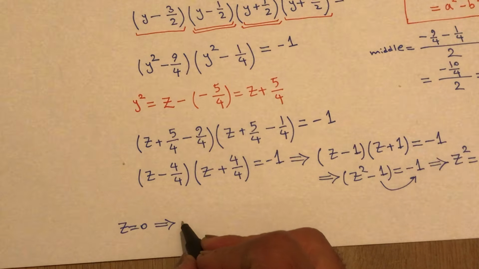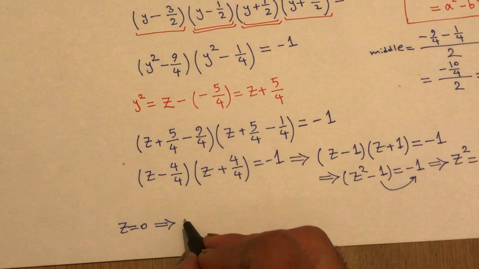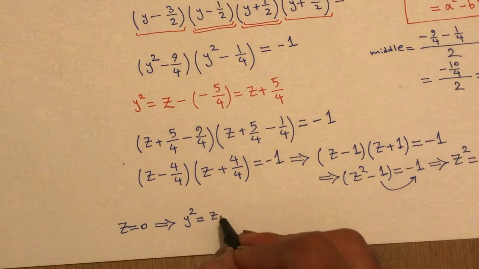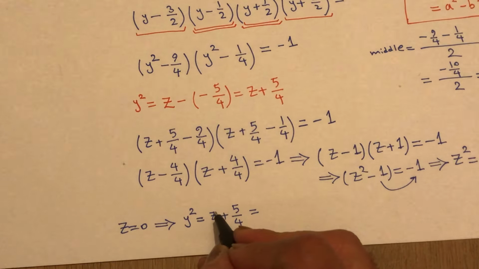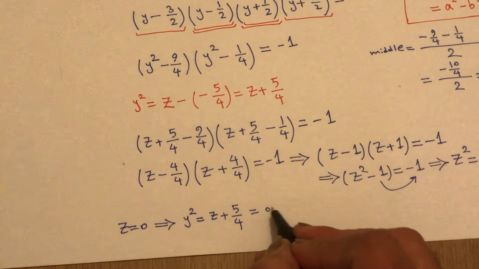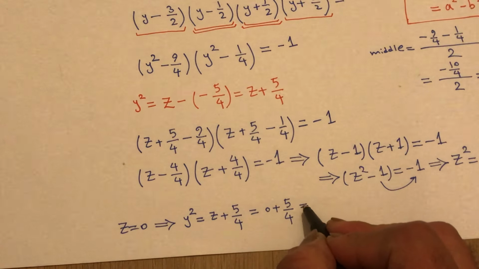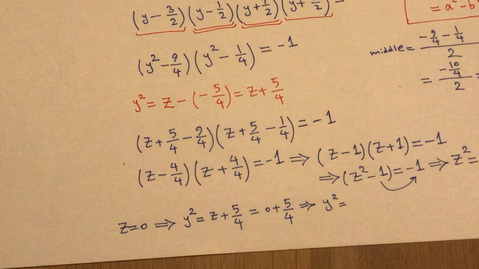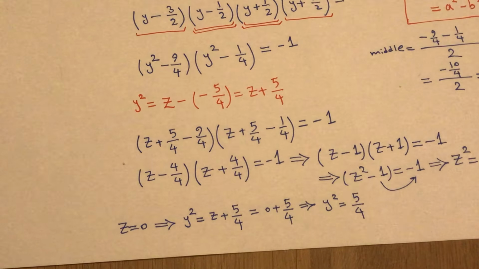Now if z is 0, you can find y, because y squared equals z plus 5 over 4. When z is 0, y squared equals 5 over 4.